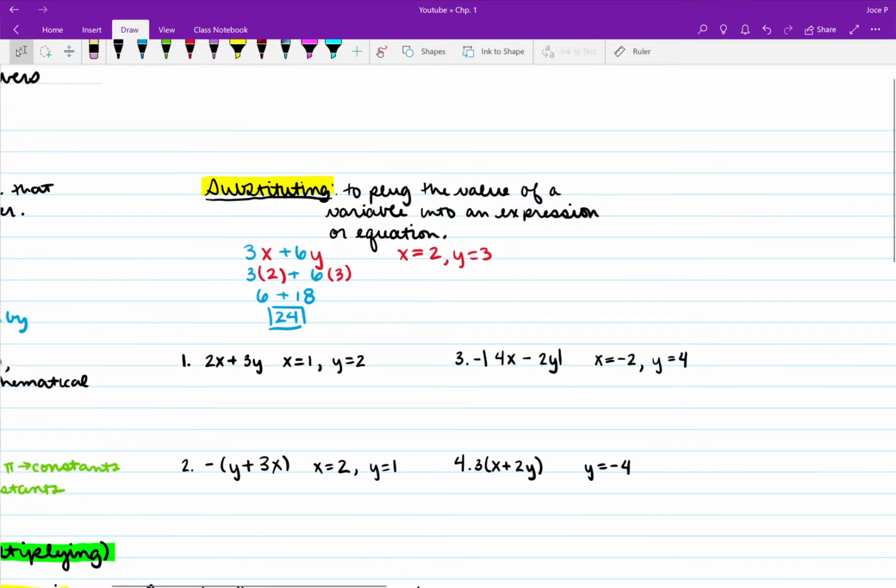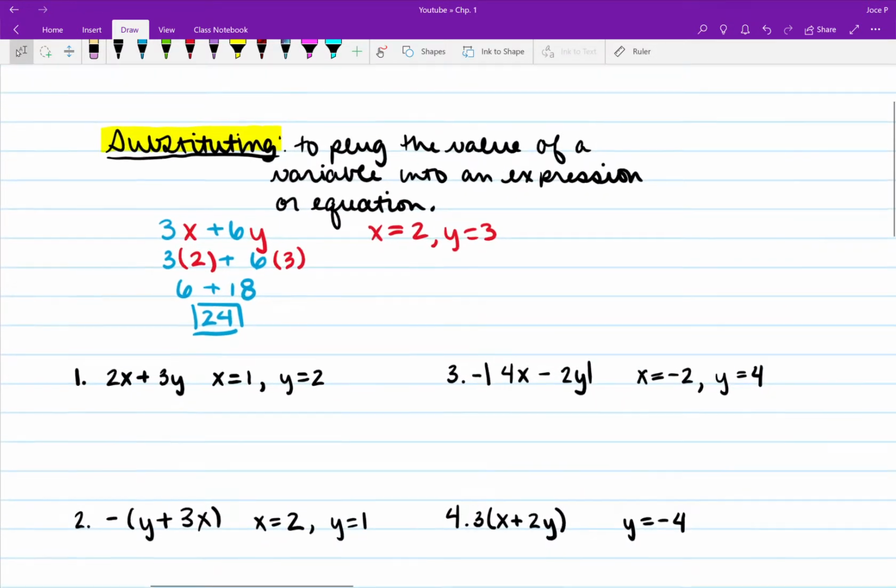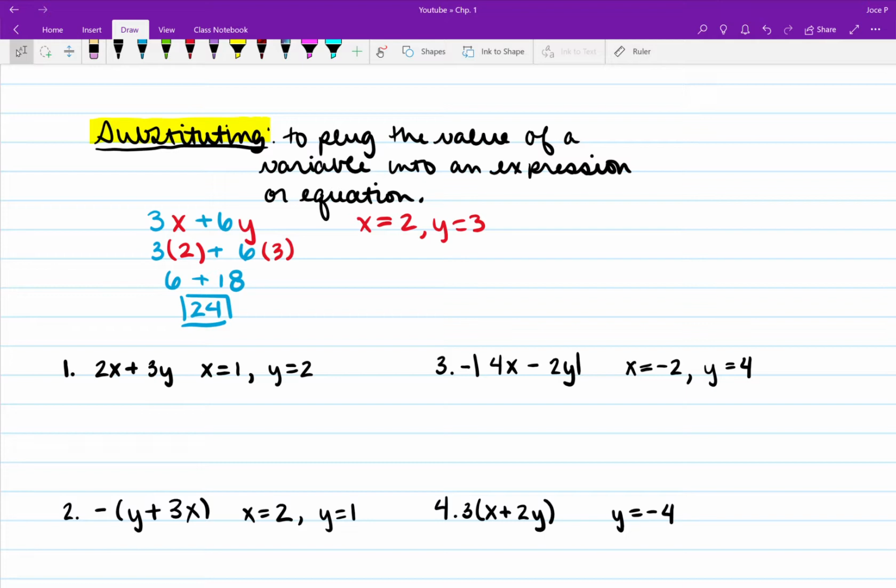So now let's think about something that we're going to learn how to do. Substituting. Substituting is to plug in the value of a variable into an expression or equation. So how do we substitute? Usually we're going to be given what x or y, or x and y, are equal to, or whatever the variables are in that expression or equation, and then we would be asked to solve the expression.